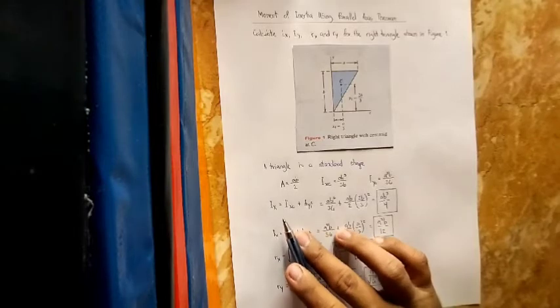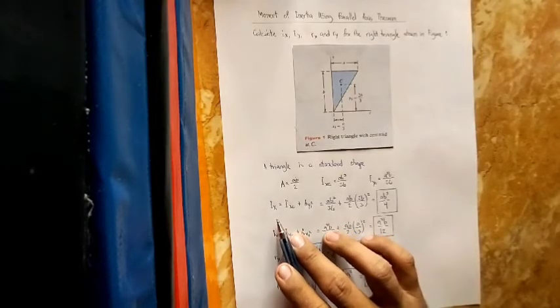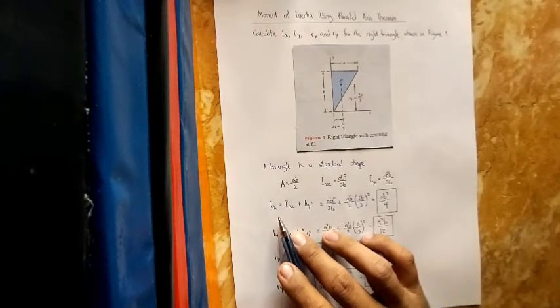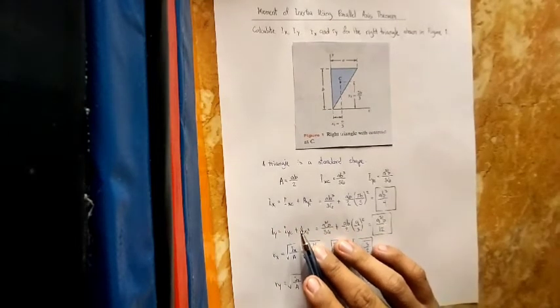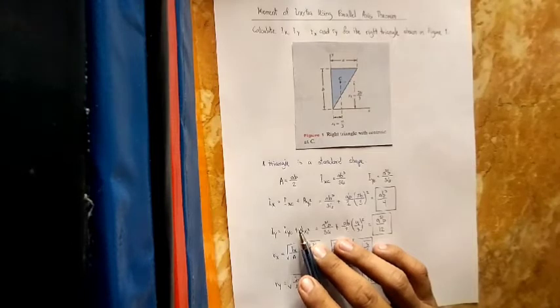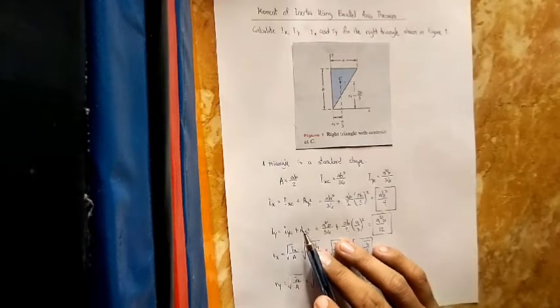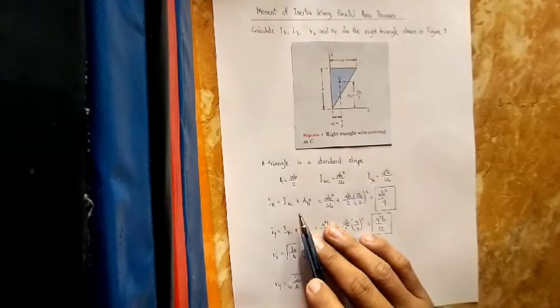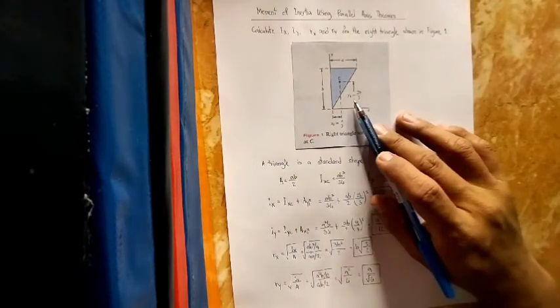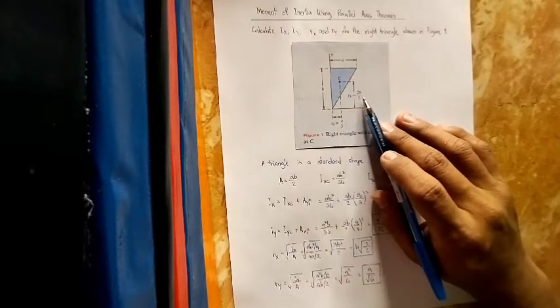Para makuha natin yung moment of inertia about the x-axis, kailangan natin gamitin yung parallel axis theorem. The x-axis natin is at distance of y1 is equals to 2b over 3.